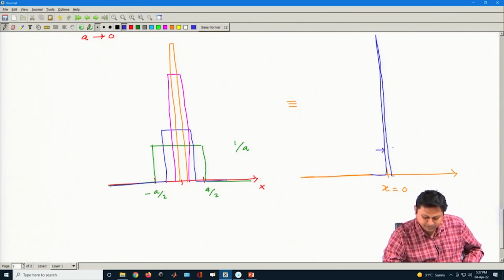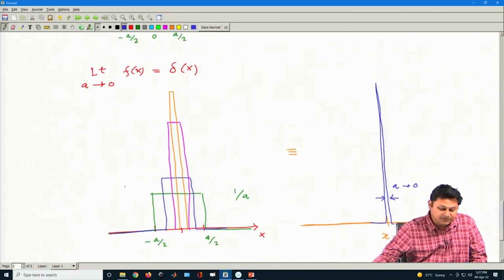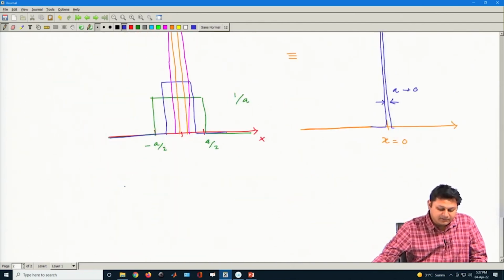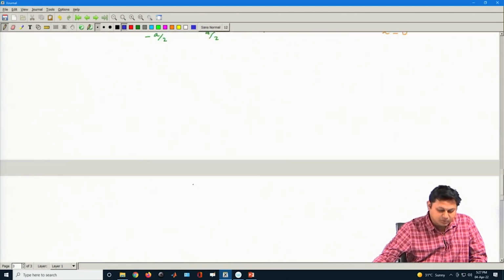So, this limit, where the width of this function, which is a, tends to 0, is precisely the case for this function. This is the way one can realize the delta function, and this is not the only way. There are other ways also.